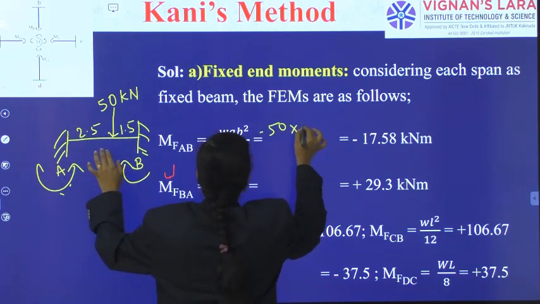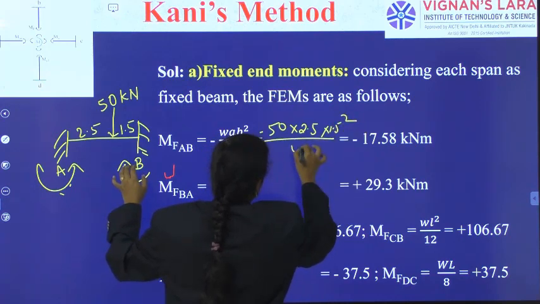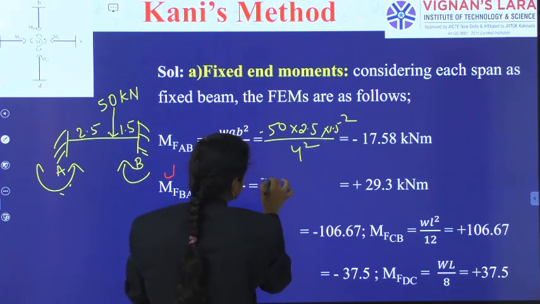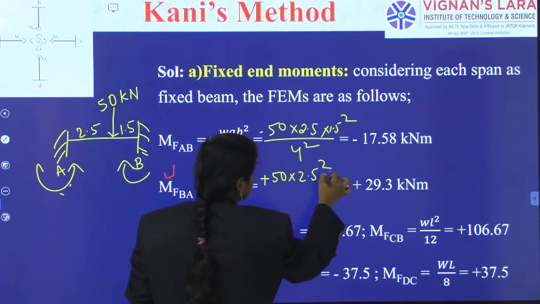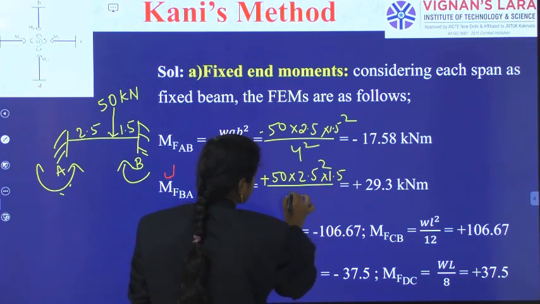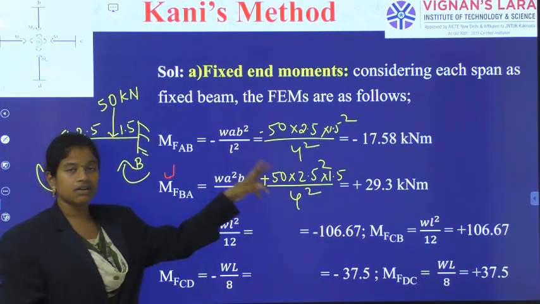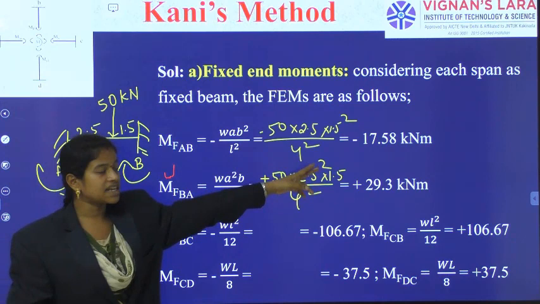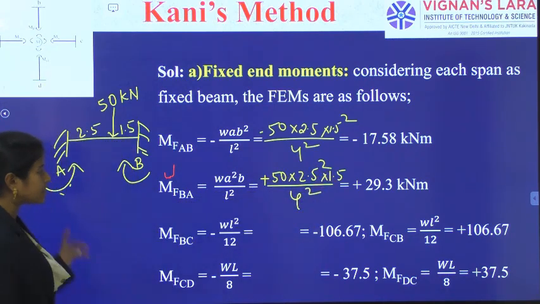So minus 50 into 2.5 into 1.5 whole square divided by 4 square, and then this one is positive: 50 into 2.5 square into 1.5 by 4 square. So this is minus 17.58 kilonewton meter, and this is plus 29.3 kilonewton meter. And then the next span.